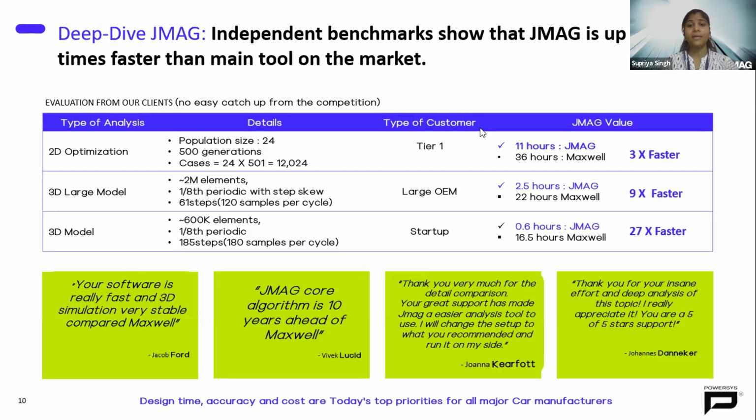For a 3D model with 6K elements, it took 0.6 hours with JMAG and 16 hours with Maxwell, which is 27x faster. These are some of the clients: Ford, Lucid, Carrefour, and Daimler. Design time, accuracy, and cost are today's priorities for all major car manufacturers.